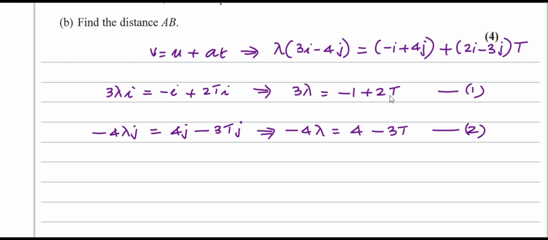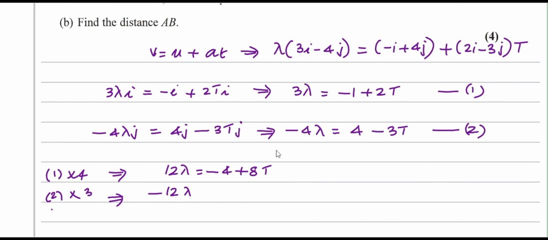Since we want to get T, let's eliminate the lambda. That means let's multiply the first equation by 4 and the second equation by 3. So that is 12 lambda equals minus 4 plus 8T, and minus 12 lambda equals 12 minus 9T.